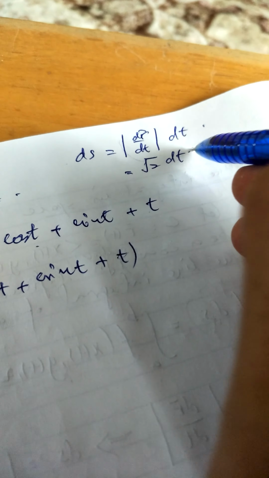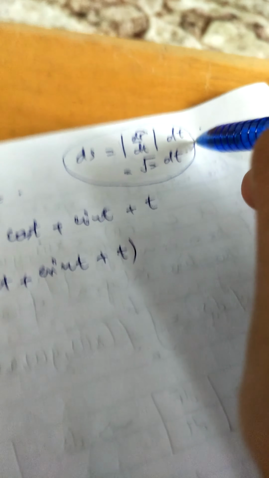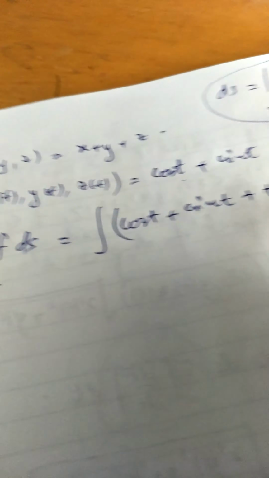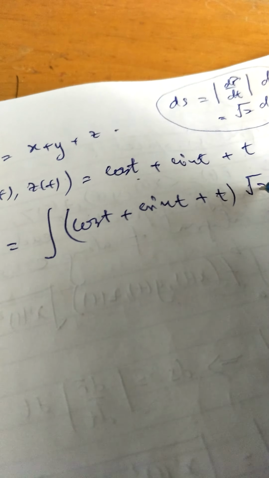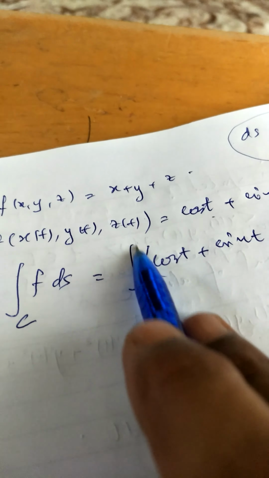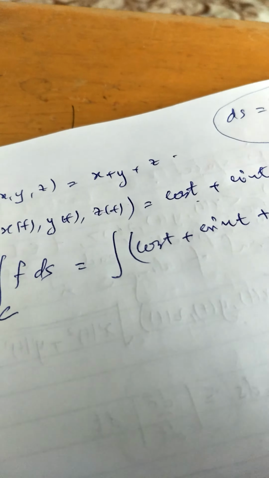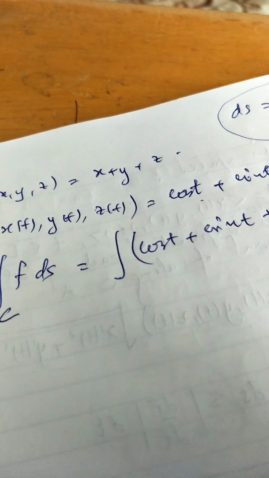So we just need to substitute this value of ds into that expression here. So ds is equal to square root of 2 dt, and the limit of the integration is given in the question, that t is from 0 to pi.